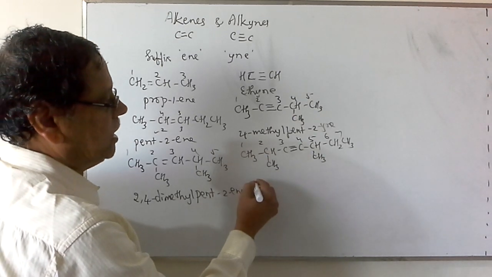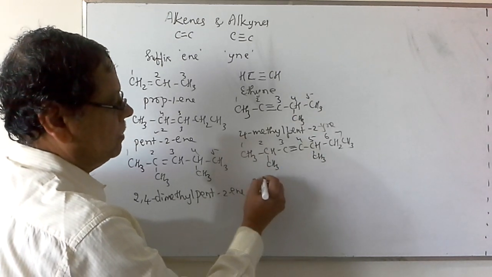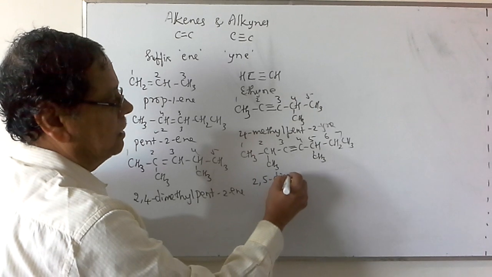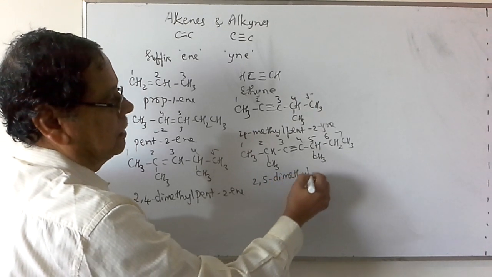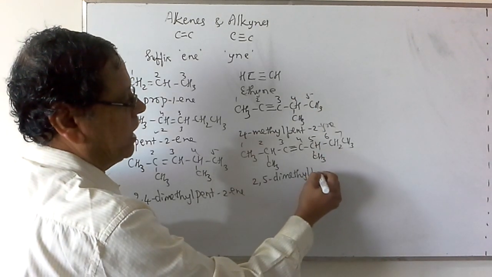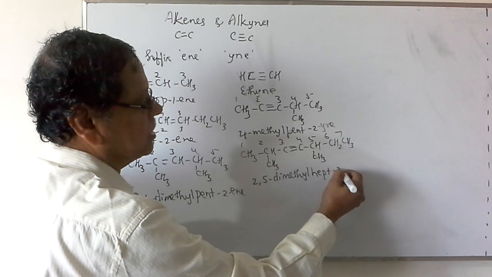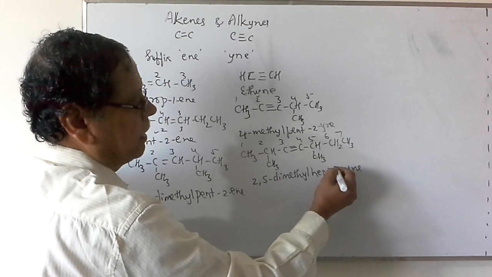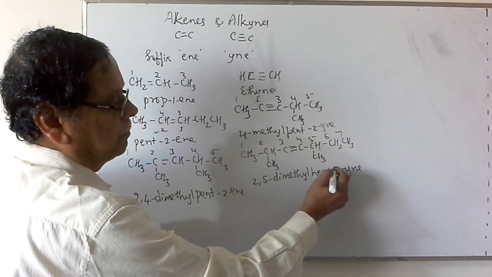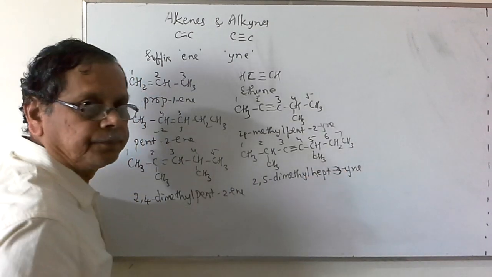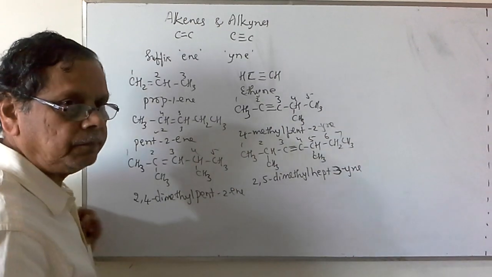So we can write this as 2,5-dimethyl. There are 7 carbon atoms, therefore it is hept. And the triple bond between 3 and 4, therefore it is 3-yne. Hept-3-yne. This is the correct name.